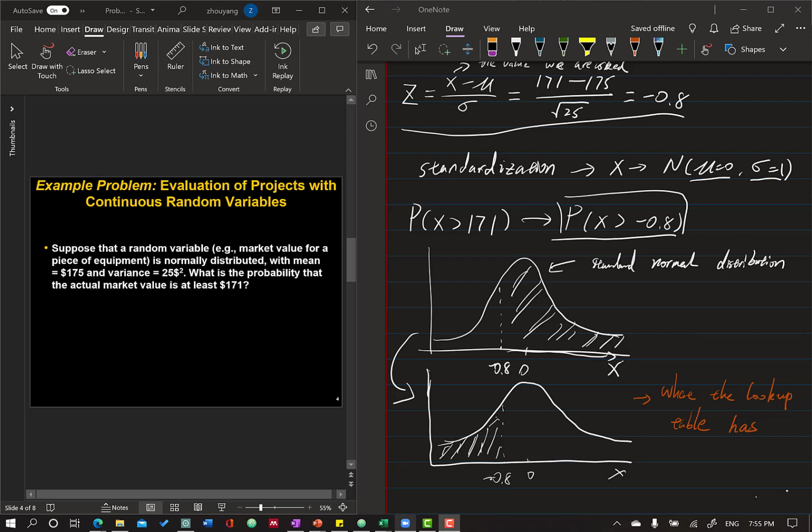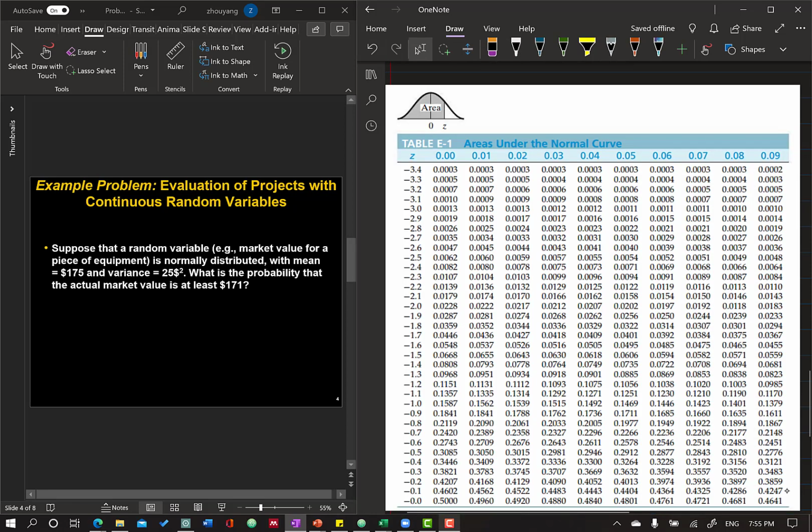So the shaded area in the bottom figure is 1 minus the probability that x is greater than negative 0.8, which is equivalent to the probability that x is less than or equal to negative 0.8. Then we are ready to use the appendix lookup table.